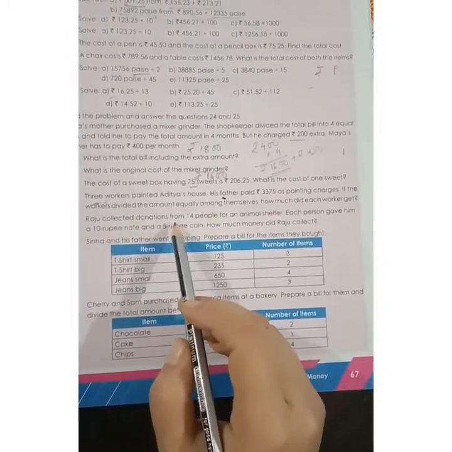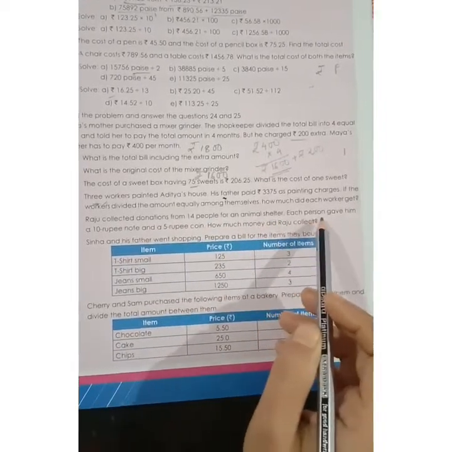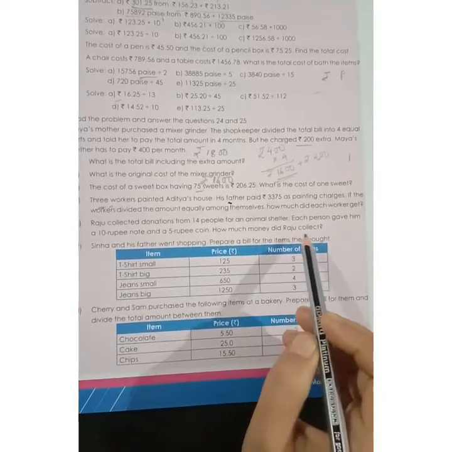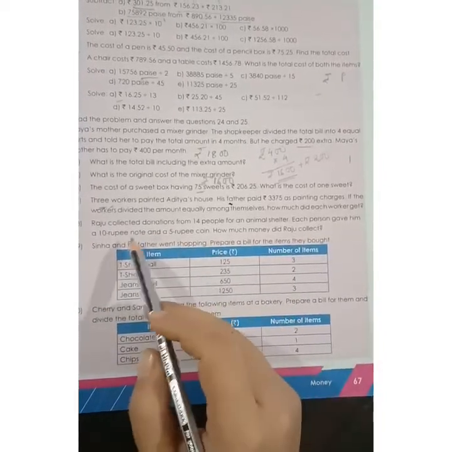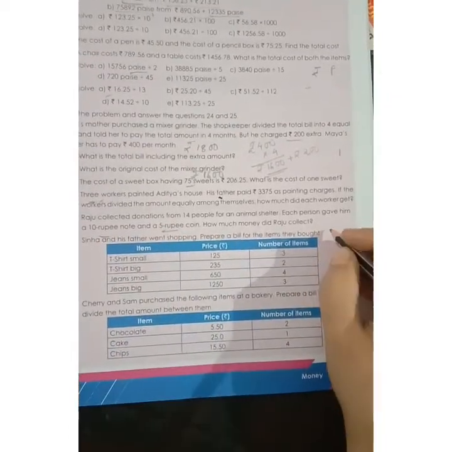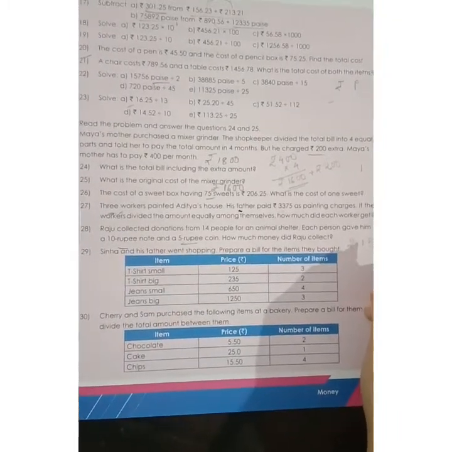28. Raju collected donations from 14 people for an animal shelter. Each person gave him a 10 rupee note and a 5 rupee coin. How much money did Raju collect? Okay, so each person gave him 10 rupees and 5 rupees. That means 15 rupees. And how many people? It is 14 people.